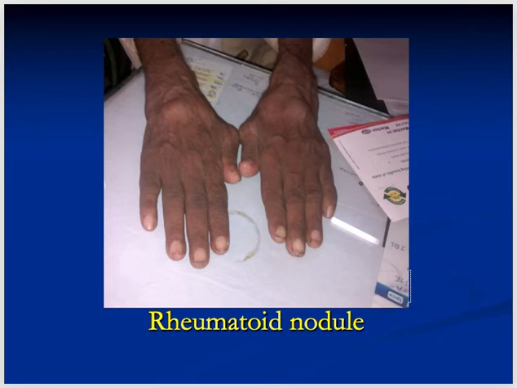Felty syndrome is more common in old age, in people above 50. Most of the time they are seropositive for rheumatoid factor, and they have splenomegaly on clinical examination. They have lymphadenopathy, weight loss, and keratoconjunctivitis sicca, because as I told you, Felty syndrome is mostly due to lymphocytic infiltration.